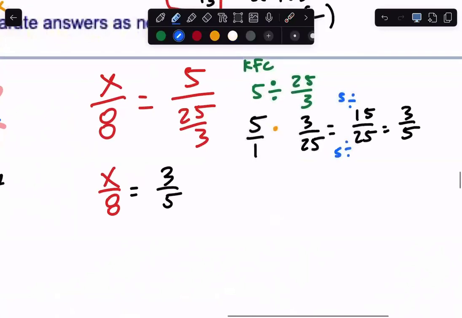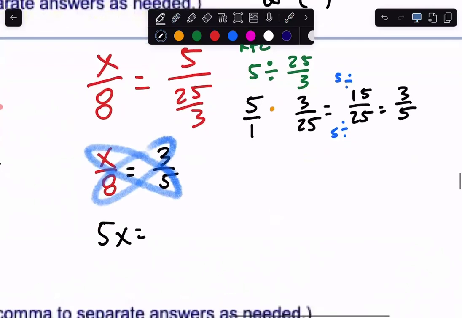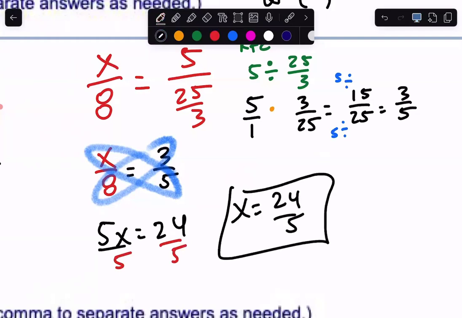All right, then cross multiply. 5 times x is 5x. 3 times 8 is 24. Divided by 5. X is 24/5. And that would be the answer that you would put in to Schoology.